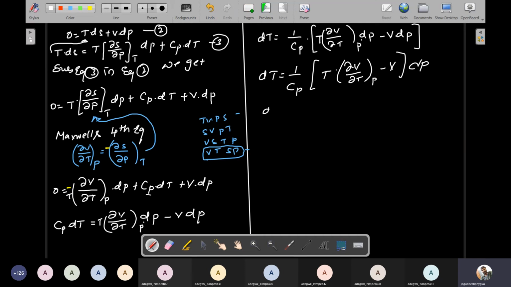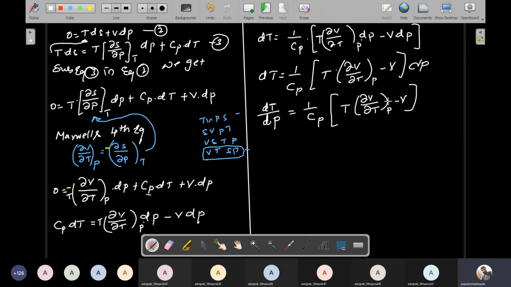So this is nothing but dt by dP is equal to 1 by Cp into T dou V by dou T at constant pressure minus V. So once again I'll write this equation: dt divided by dP is equal to 1 by Cp into T times dou V by dou T at constant pressure minus V.